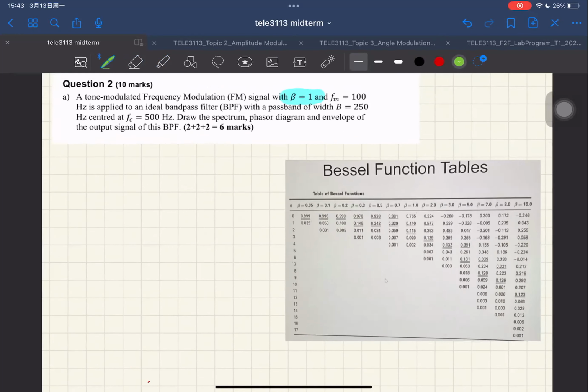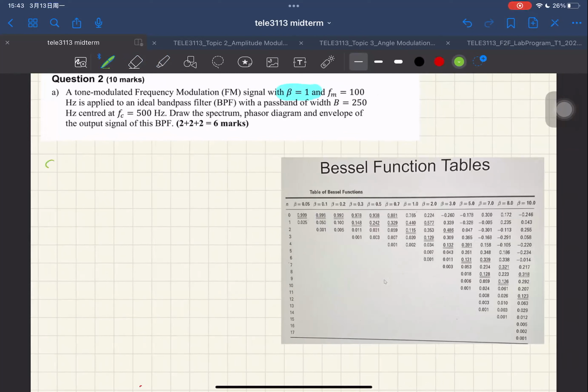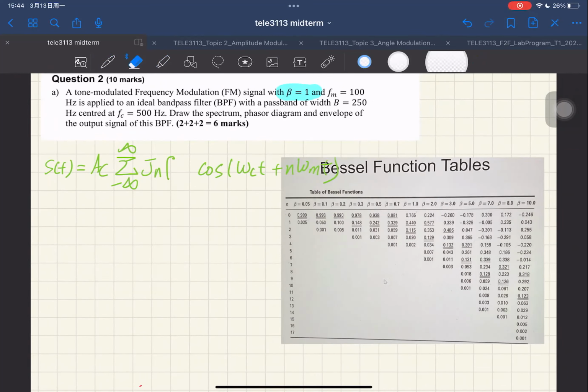If you remember, the frequency modulation signal looks like AC times the sum from negative infinity to positive infinity of J_n of beta, times cos of omega C t plus n omega m t. So that's going to be the expression. And because the question gives you beta equal to 1, you just simply replace beta with 1. Does that make sense?